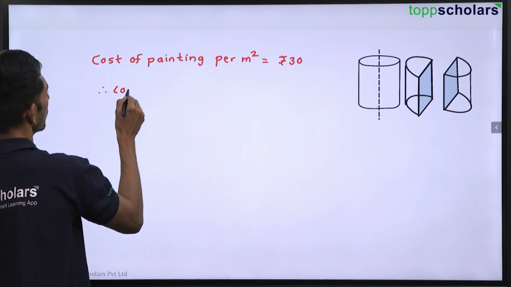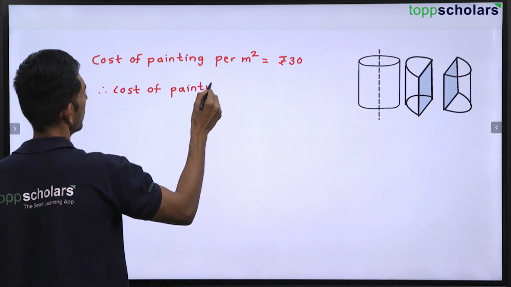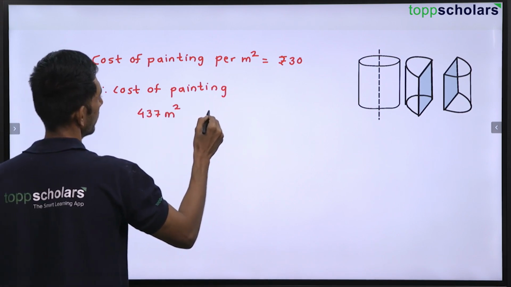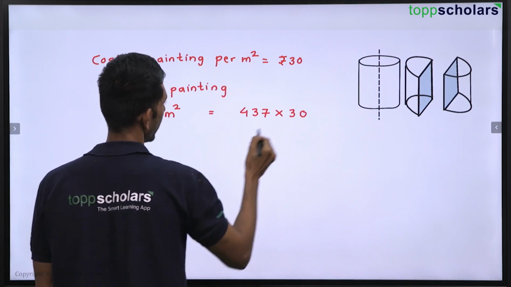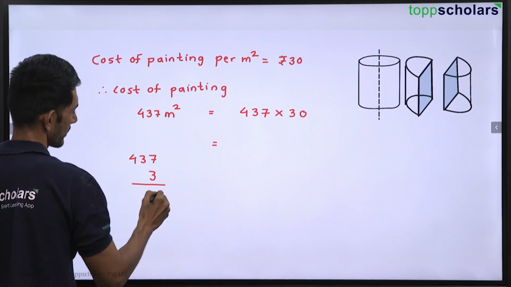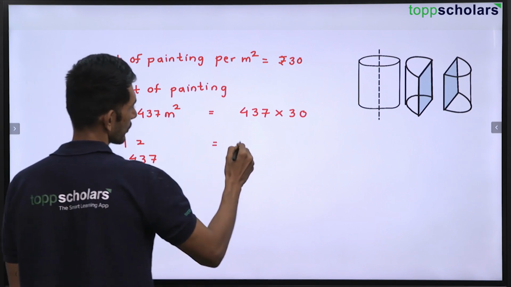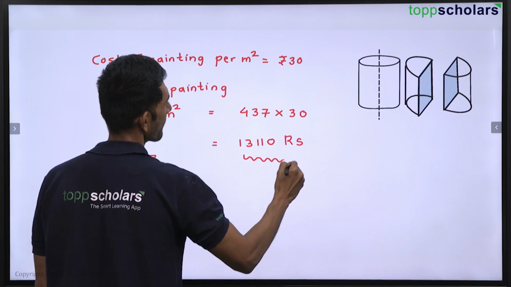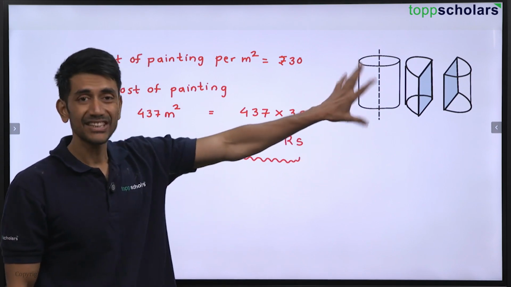Therefore, cost of painting 437 meters square is 437 multiplied by 30, right? So 13110 rupees is the cost, right, of painting these two areas together.